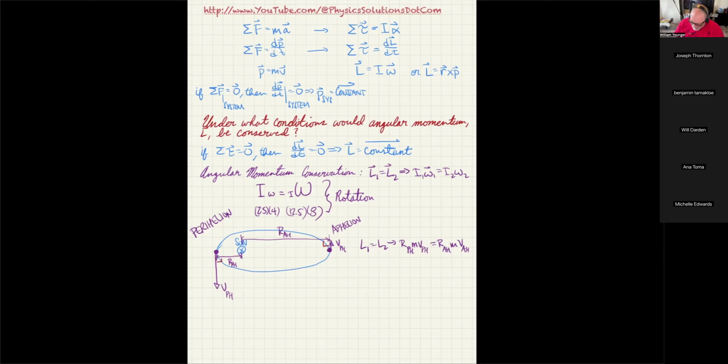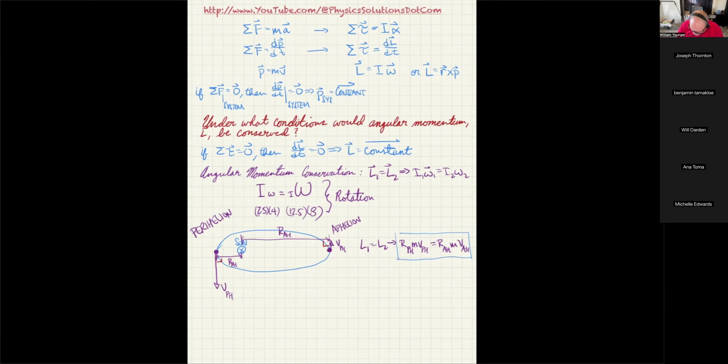Okay, so that's a way you can actually solve a conservation of angular momentum problem for the orbits of planets. You notice a planet's mass doesn't change as a result of being at one side of the orbit versus the other side. So you could actually divide through both sides by m, and you just get r sub ph times v sub ph is equal to r sub ah times v sub ah.